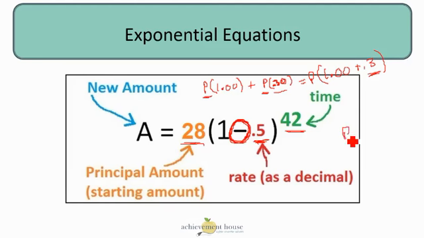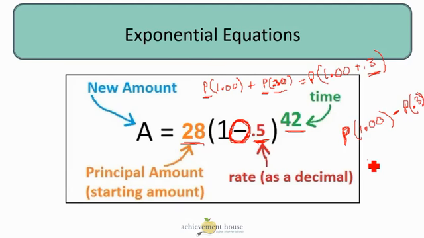If I think about exponential decay, I'm going to have my starting value, and they're going to take out a certain percentage. So I have to take away from that starting value now, and so I'm taking away a certain percentage.